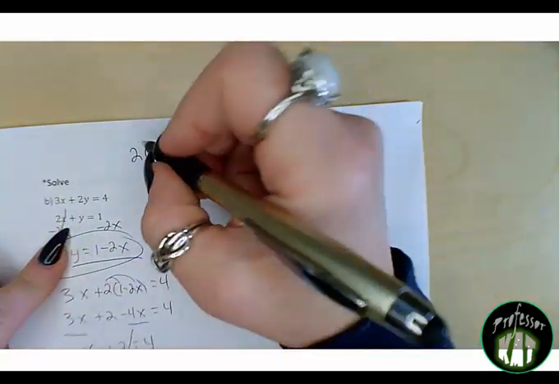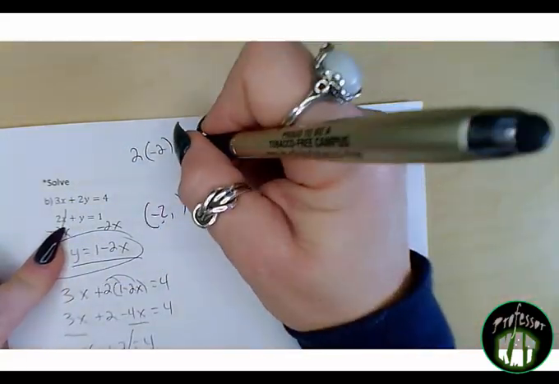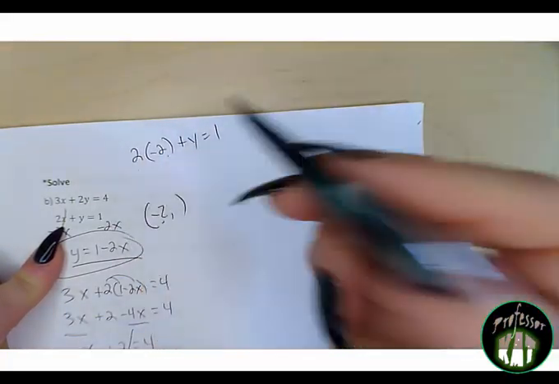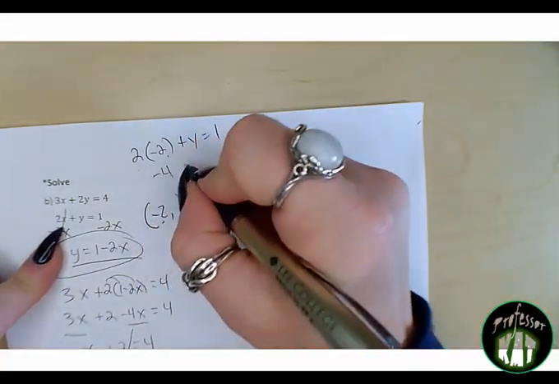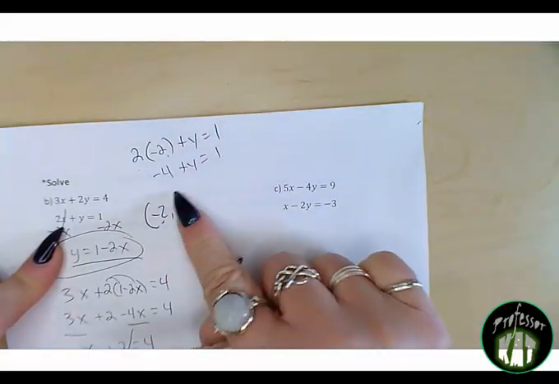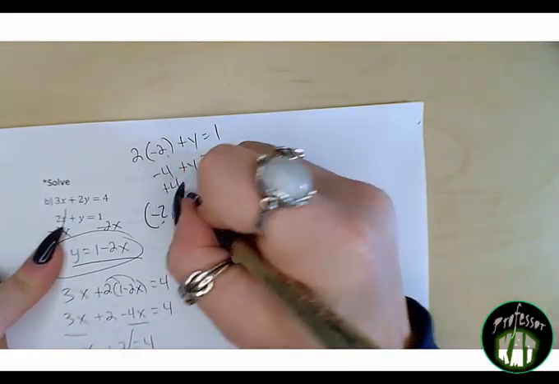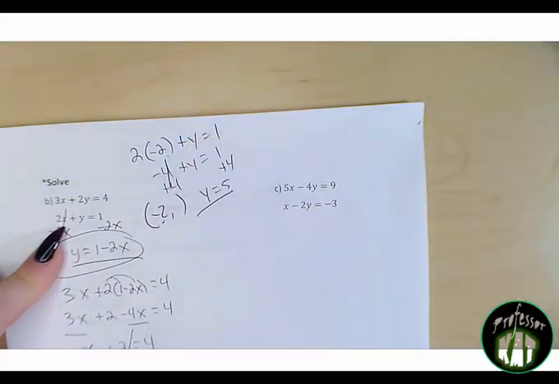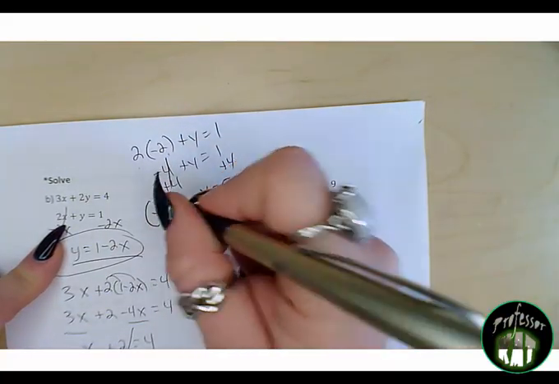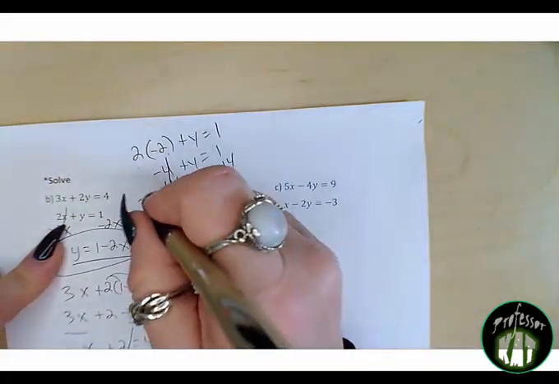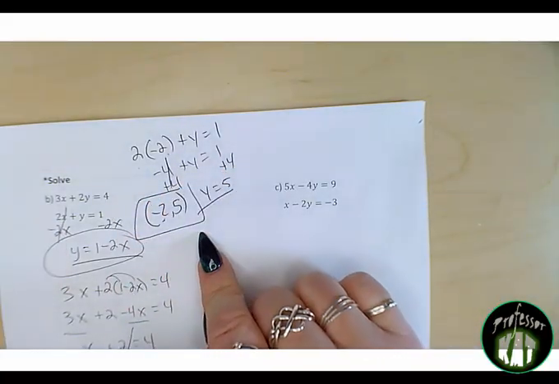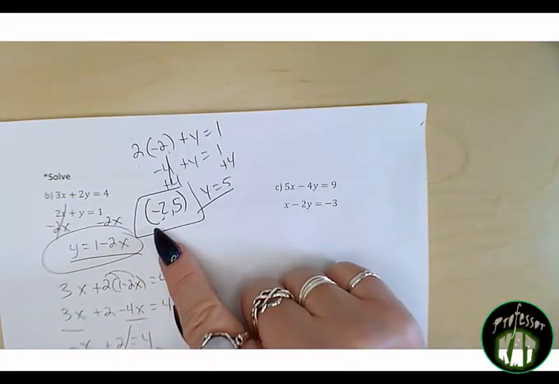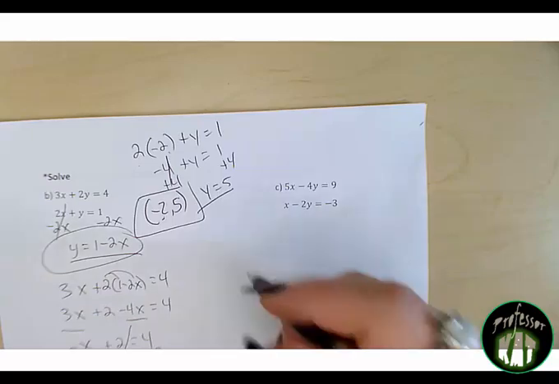That means I'm going to have 2x, or 2 times negative 2, plus y is equal to 1. 2 times negative 2 is a negative 4. And when I solve this for y, add that 4 to the other side, and we do get that y is equal to 5. I can plug that in over here for my y, and now I have my solution. These two equations intersect at the point negative 2, 5.